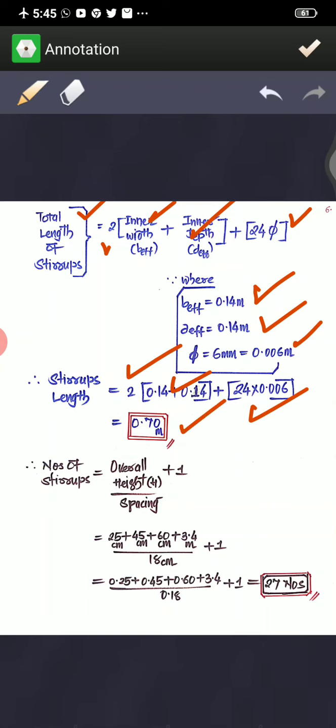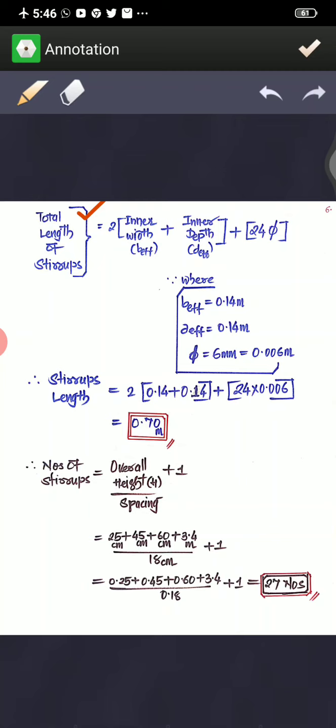Now you are supposed to determine the number of stirrups, as that number is not given in the problem. You take the overall height divided by the given spacing, plus 1. If you do this, you will get the number of stirrups. You start from the tapered portion, I'll show it in the figure.